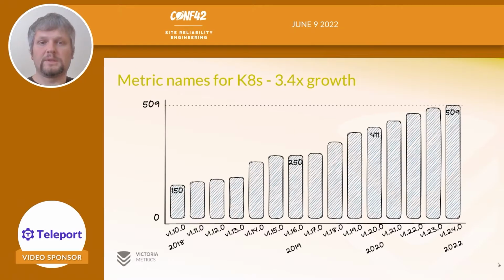Let's look at this graph. It shows that the number of unique metric names exposed by Kubernetes components has grown from 150 in 2018 in Kubernetes version 1.10 to more than 500 in Kubernetes 1.24, which was released recently.